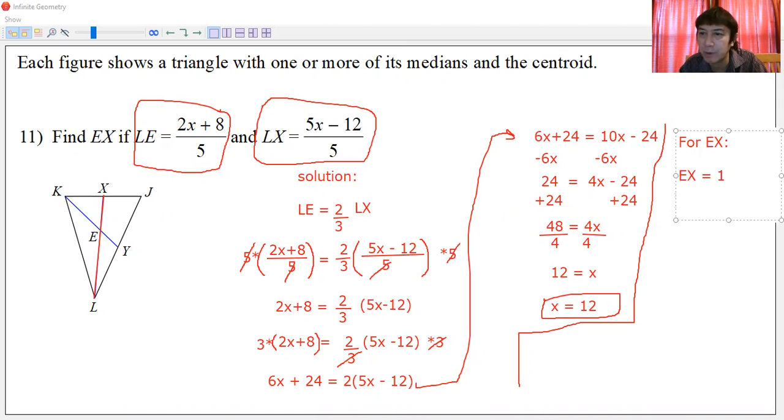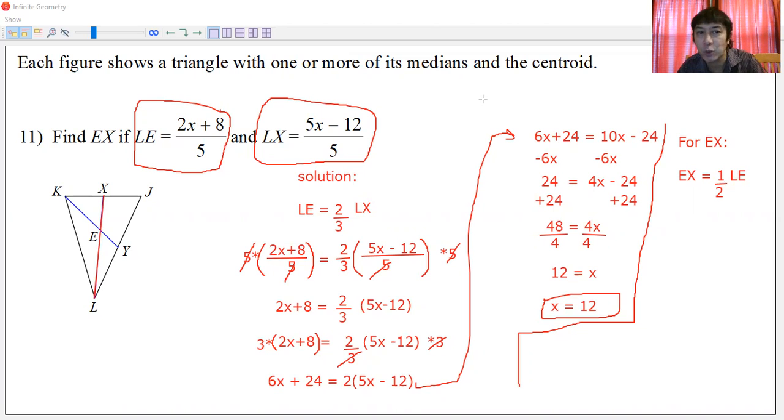So 1 over 2 of the longer. Okay, the longer is the LE. So 1/2 of, let's put it here, LE there. Okay, then we put the fraction symbol. Okay, so 1/2 of LE is EX, but we have already LE, okay?